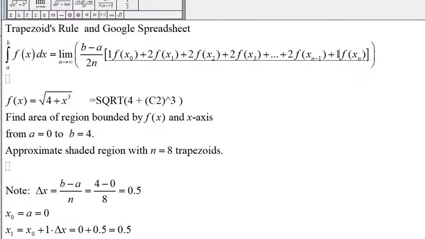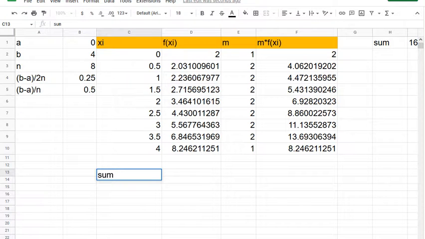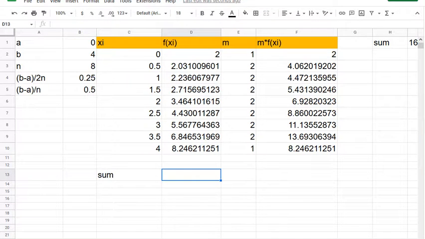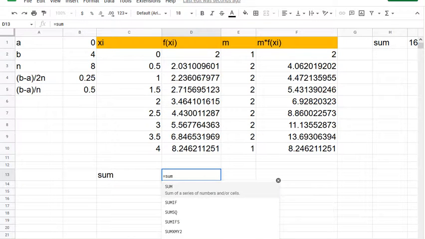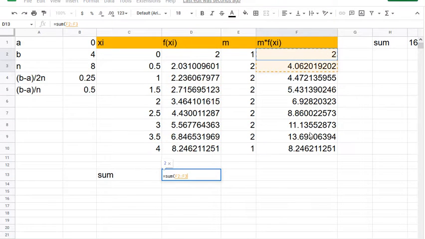And then the last thing we need to do is add all of these together and then multiply it by b minus a over 2n. And so first let's get the sum. So we do equal sum of these cells right here, and then close parentheses.